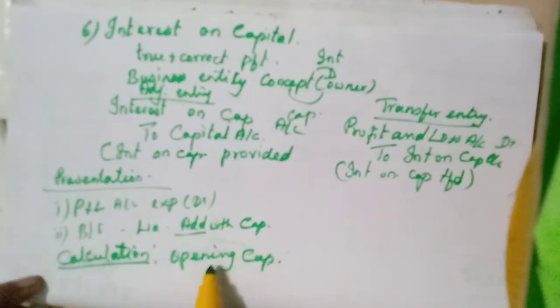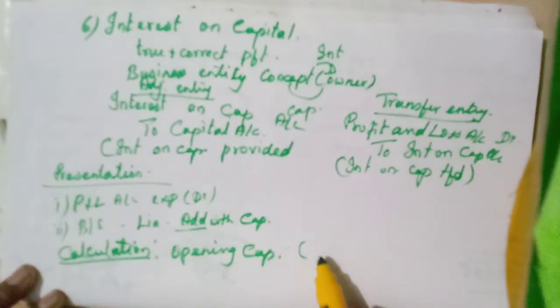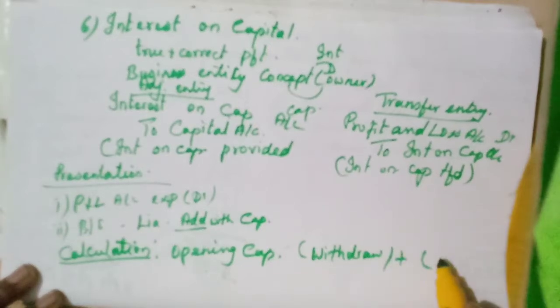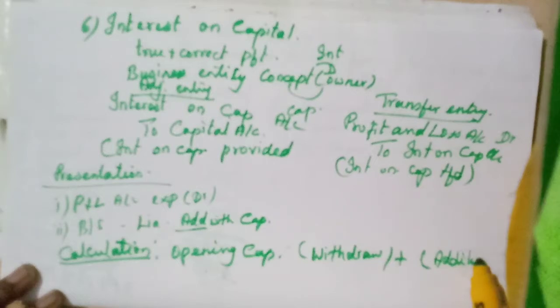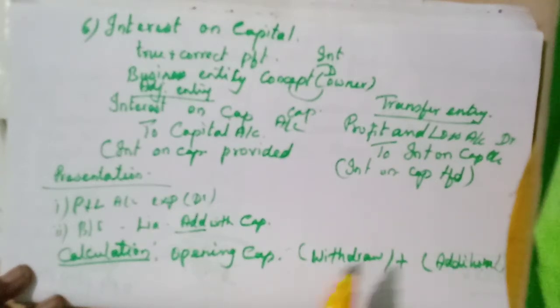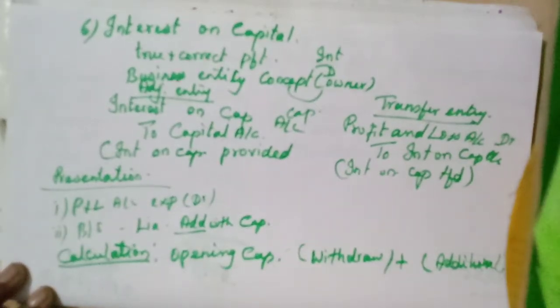Sometimes the proprietor may withdraw or he may introduce additional capital. So we need to provide the interest on capital for the additional capital also. So we will see one example given in the book.